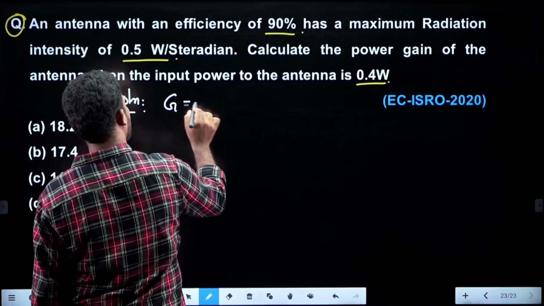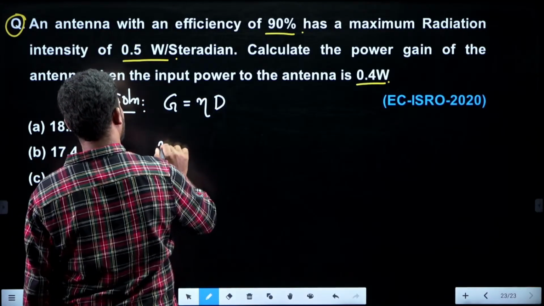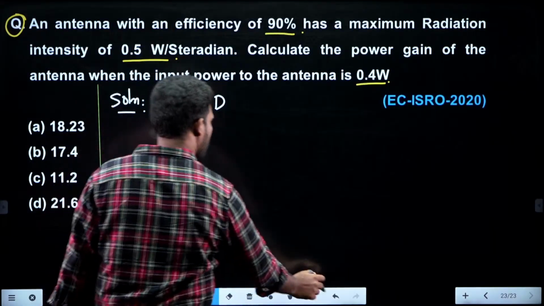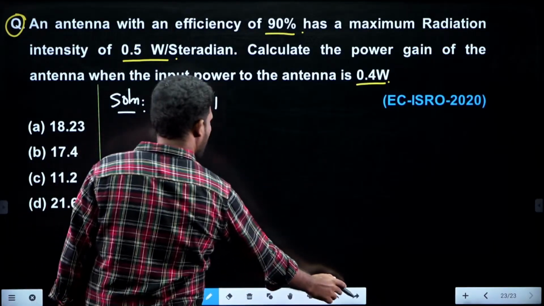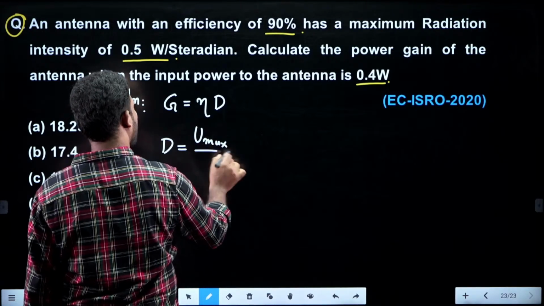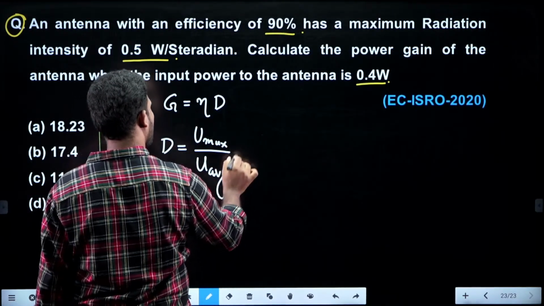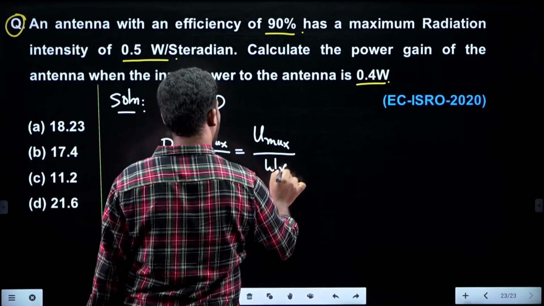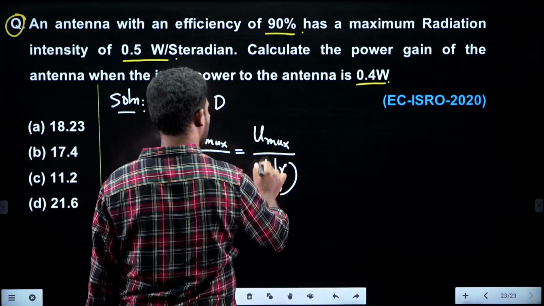Power gain is equal to eta into directivity. What is eta given? Directivity. What is the definition of the directivity? I think the definition of the directivity is U max divided by U average, which is power radiated by 4 pi.